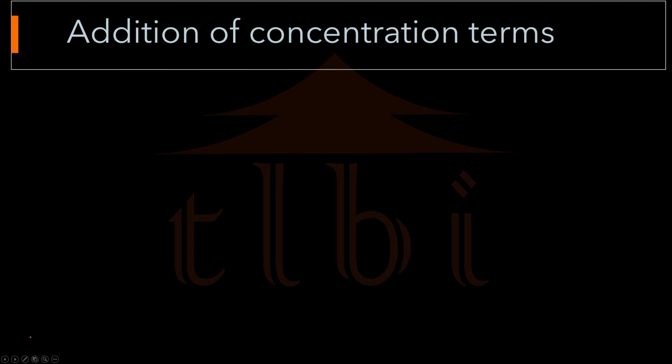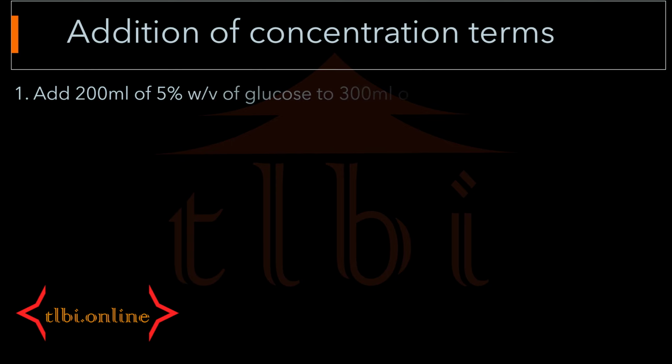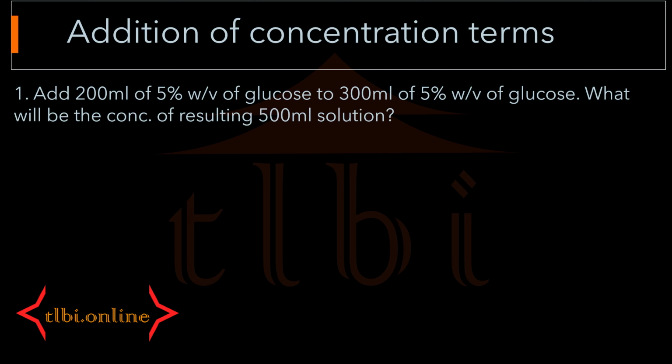Now let's look at addition of concentration terms. Alright, so I have asked two of my students to make 5% glucose solution, right? And one of them made about 200 ml of 5% weight by volume, and the other one was a bit more generous and he made 300 ml, right?